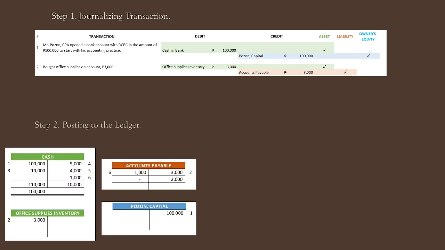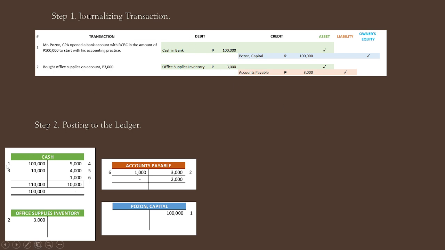So step 2 is to post to the general ledger. There are other transactions in the previous video. The total balance of cash is 100,000. In the general ledger, cash in bank 100,000, January 1, debit.